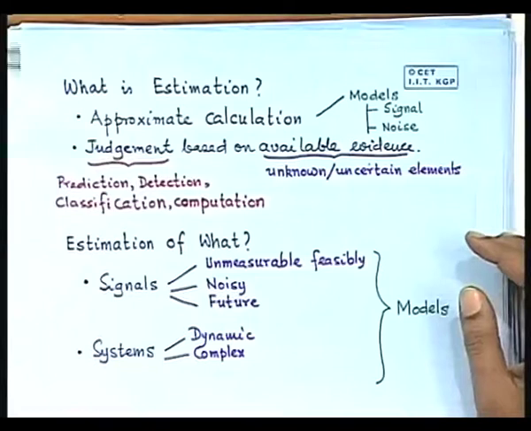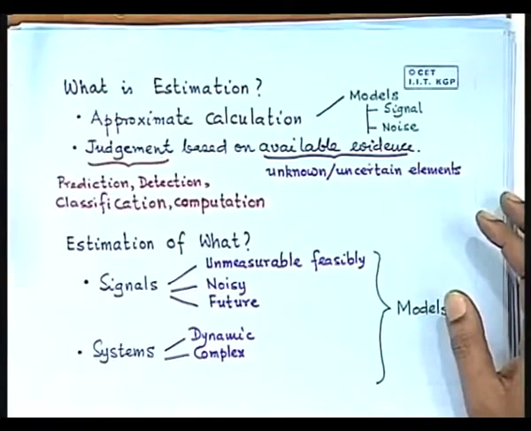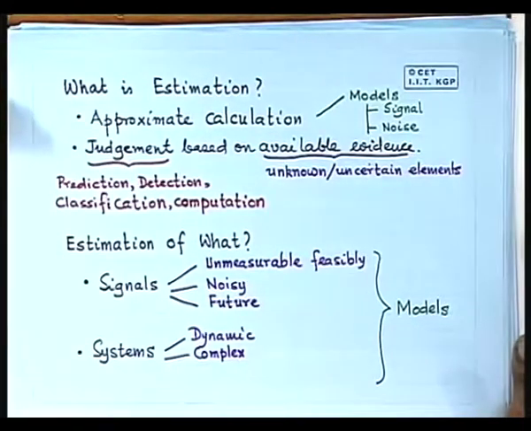In the first class we tried to begin with a definition of what is estimation. I referred to a dictionary, where estimation is mentioned as approximate calculation or judgment based on available evidence.